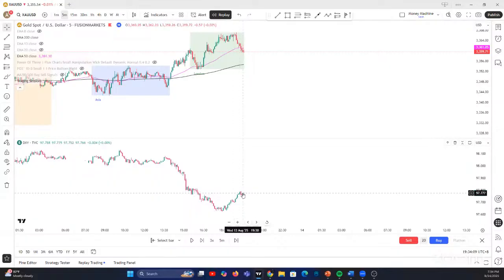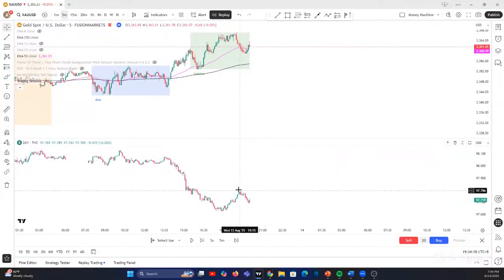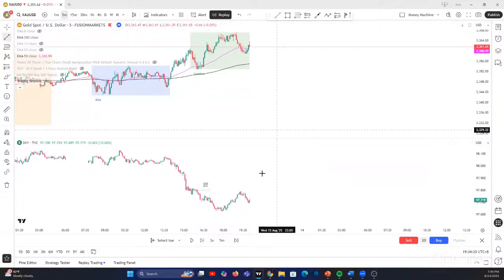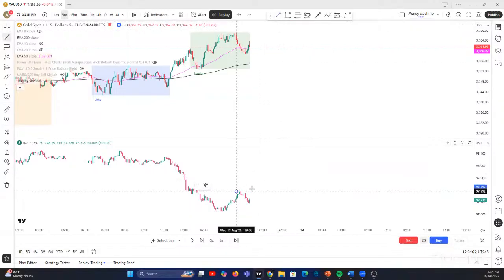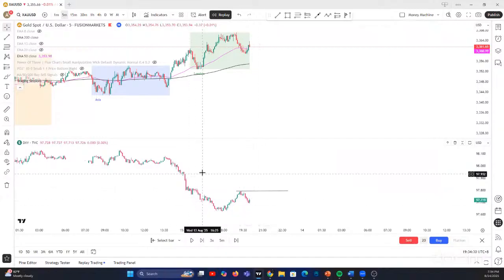Focus on the DXY now. Okay. It's now creating some structure there. If this is in a downtrend, it means this is the higher low. Mark that higher low there. Let's see if DXY will break this higher low.